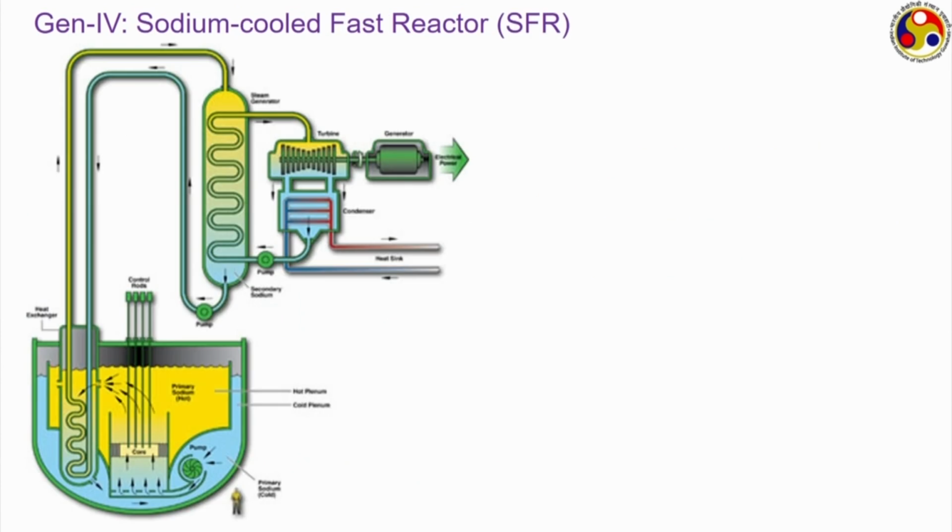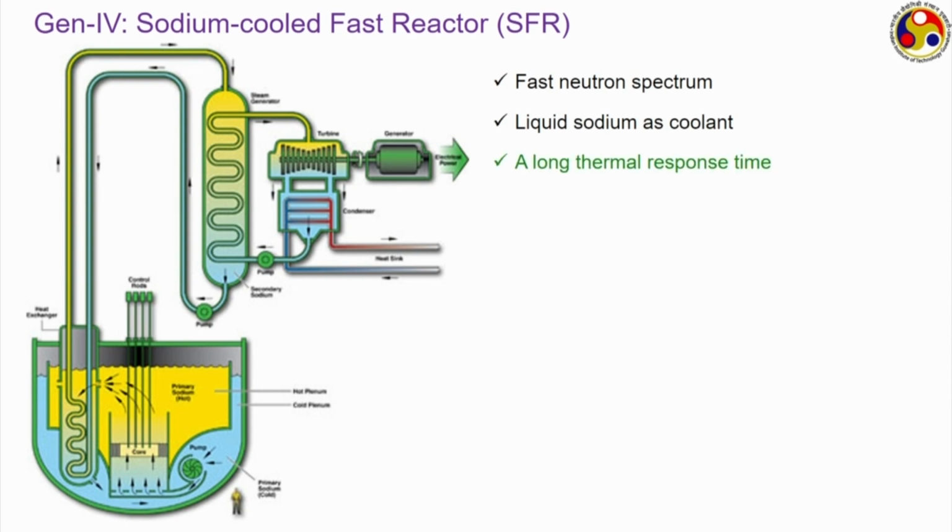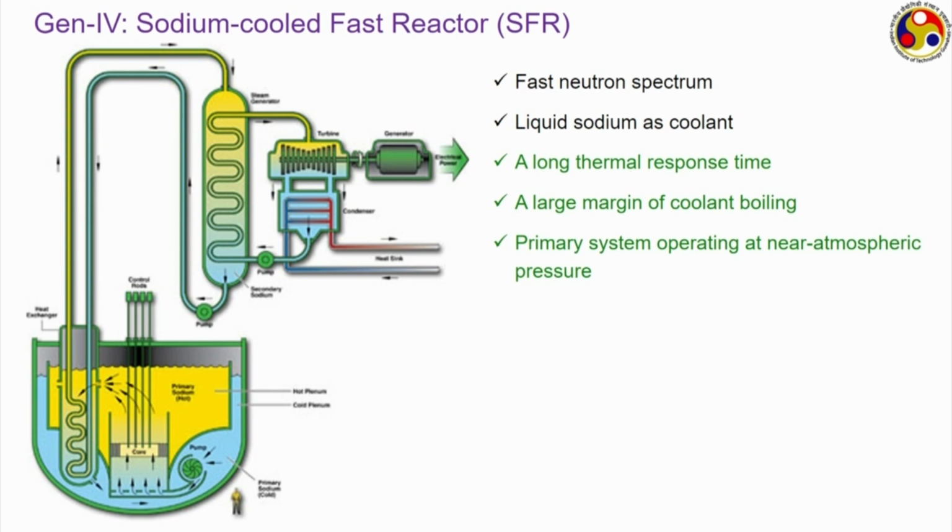Then sodium cooled fast reactor, as the name suggests, again it is a fast reactor and liquid sodium is the coolant. It has very long thermal response time, so controlling is very easy. The temperature range over which the coolant can be used is quite large, with the primary system operating at near atmospheric pressure, but we need to have a secondary circuit which generally is a steam power plant.